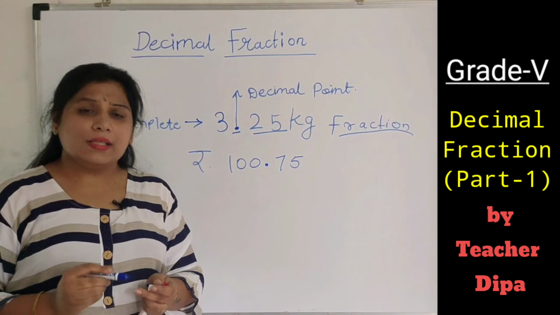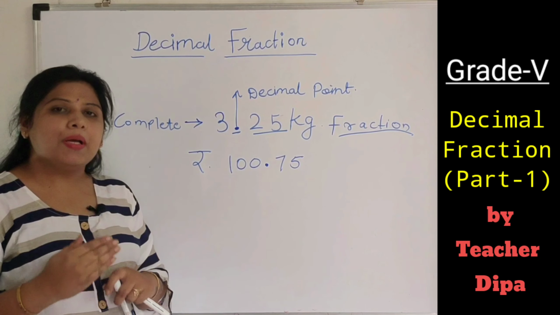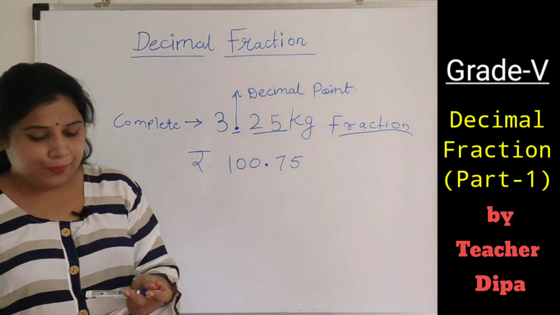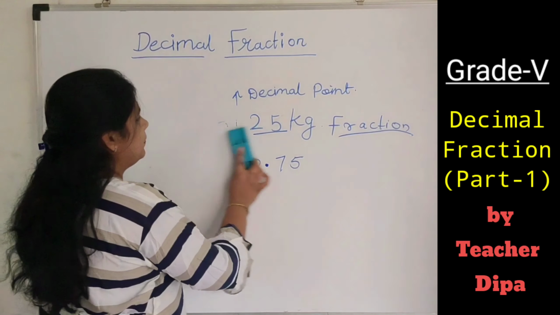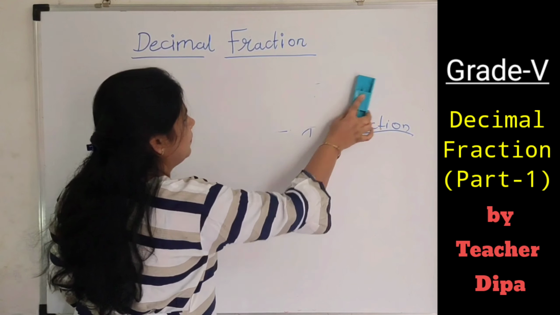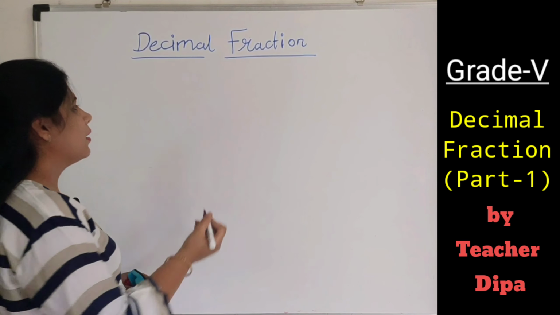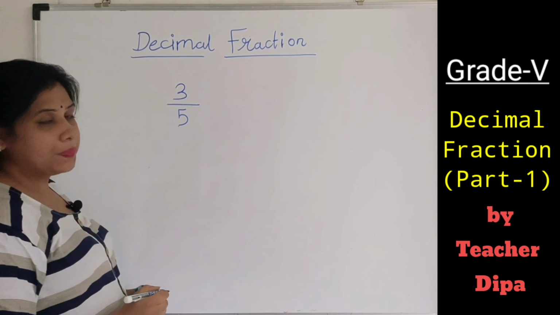Now, in this lesson, we have to learn how to convert a simple fraction into its decimal fraction. For that, we have to take a number. Simply, I am taking the number 3/5.